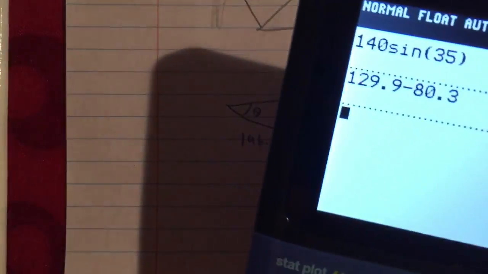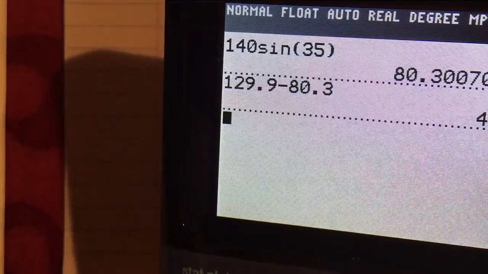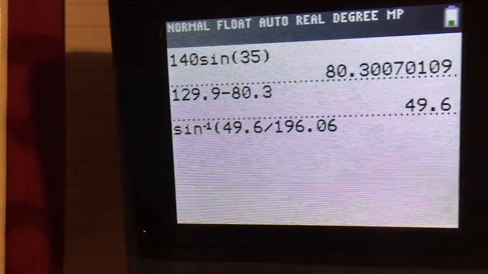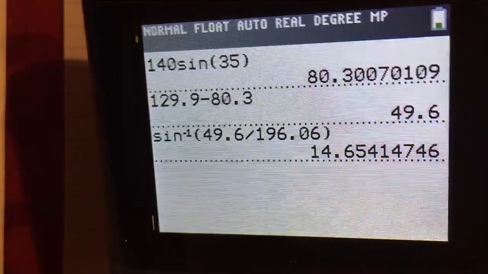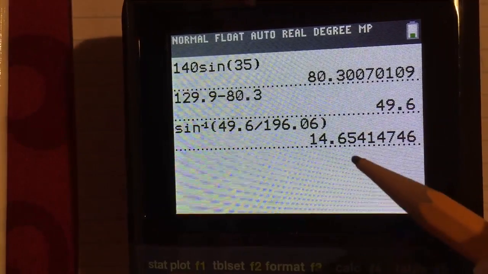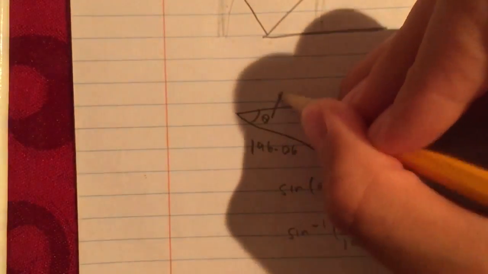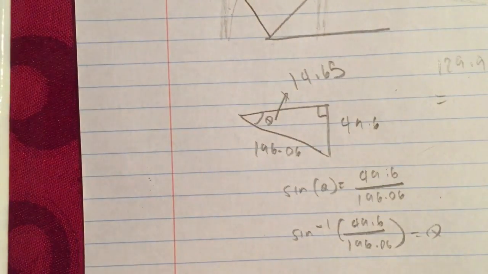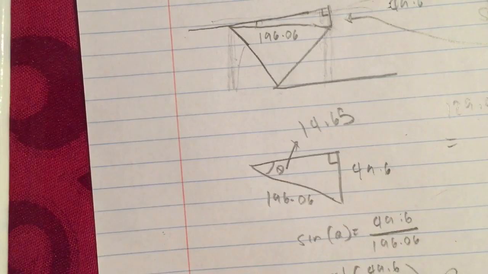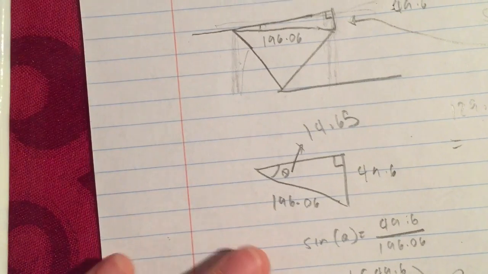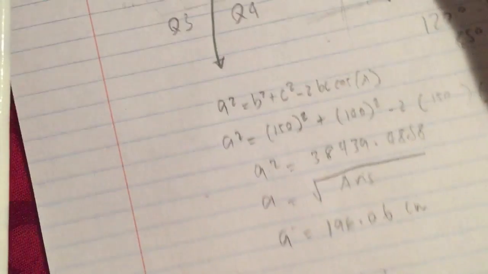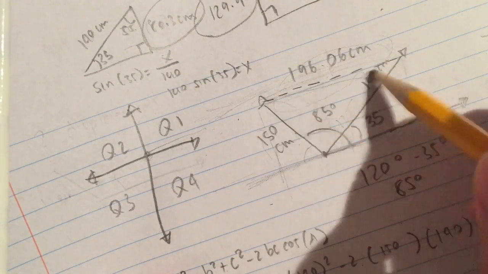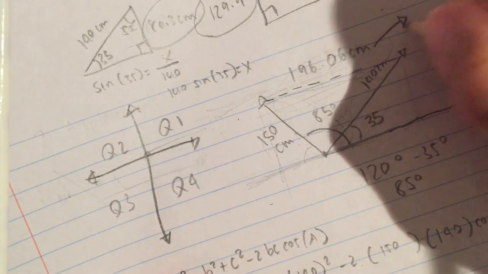So put that in your calculator. Inverse sine of 49.6 divided by 196.06 should be equal to 14.65. So theta is 14.65. So now that we have this, if we look at it from the grand scheme of things, we already have the magnitude of this line because we have the distance.